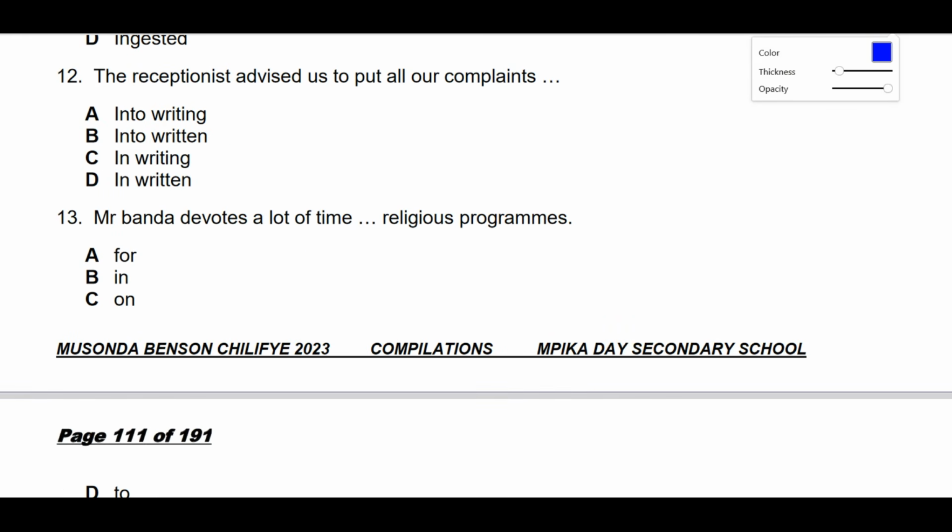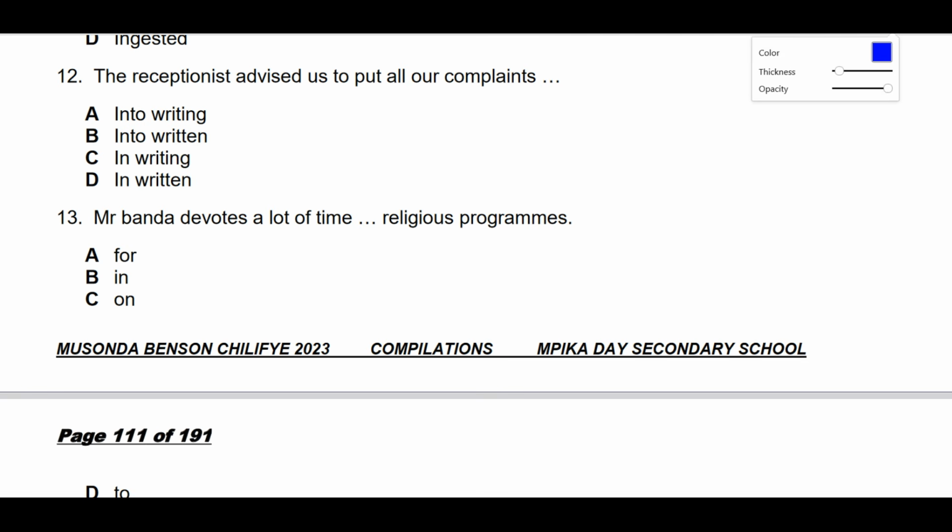Number 12, the receptionist advises us to put our complaints dash. So we have into writing, C, in writing. The receptionist is someone who works at a reception, a person that receives visitors.